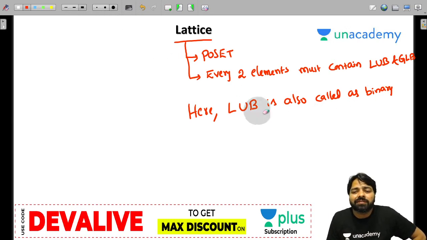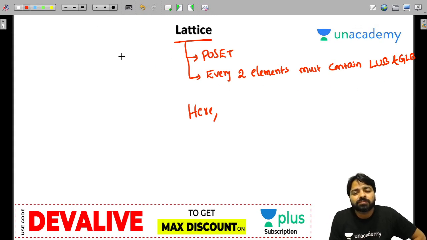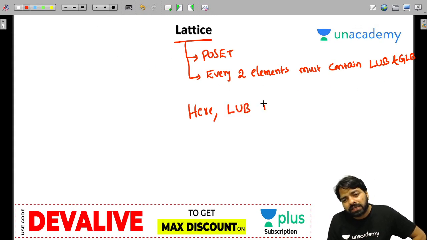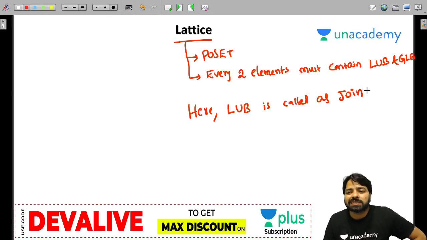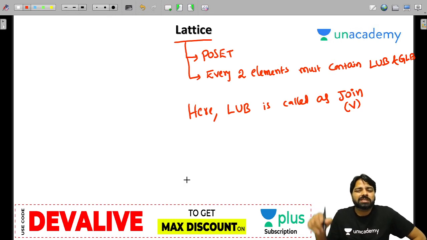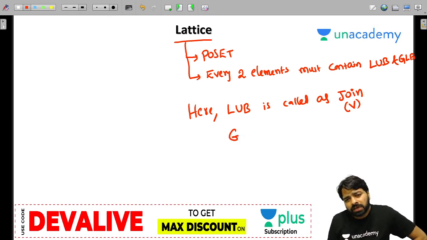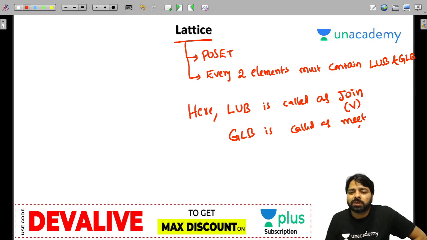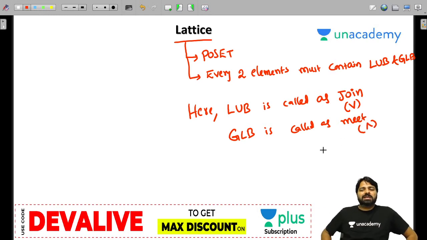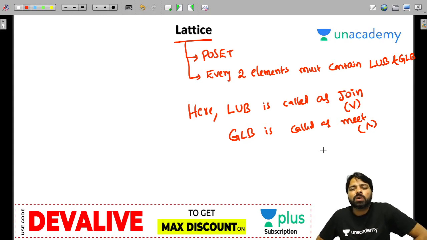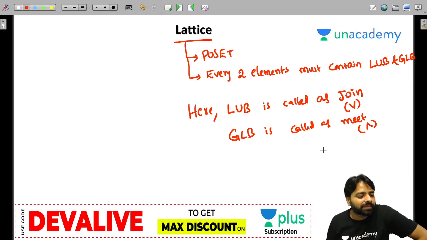That name we have given: here LUB is called join. So join you can represent with a symbol, of course, that's the join symbol. Greatest lower bound is called a meet. That symbol you can represent like a conjunction symbol. These two are binary operators.